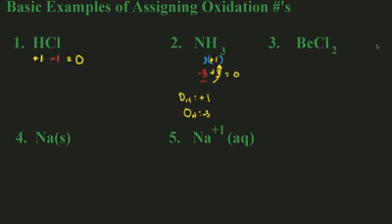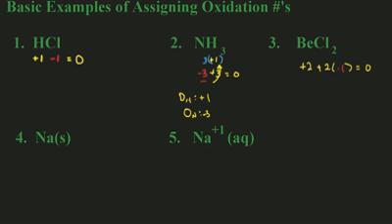So if we look at beryllium, we know beryllium is going to have a +2, and we want to know, what do I add when I multiply by 2 to get a 0? Well, the only thing I can plug in to make that a true statement is -1. So then +2 minus 2 gives you a 0.